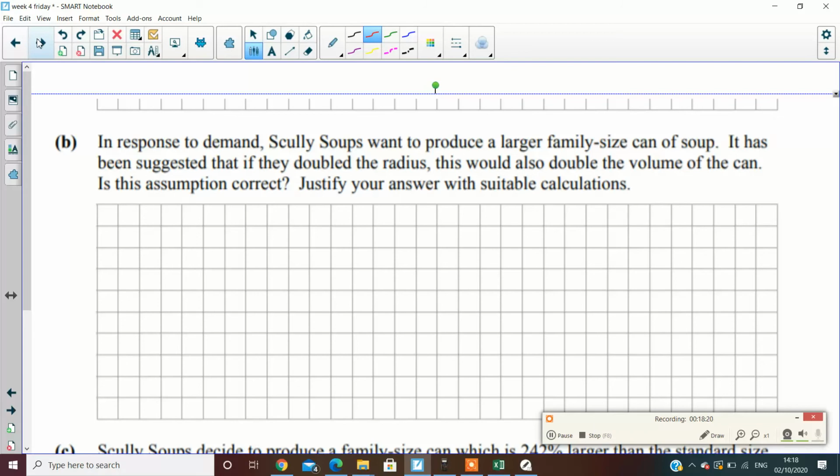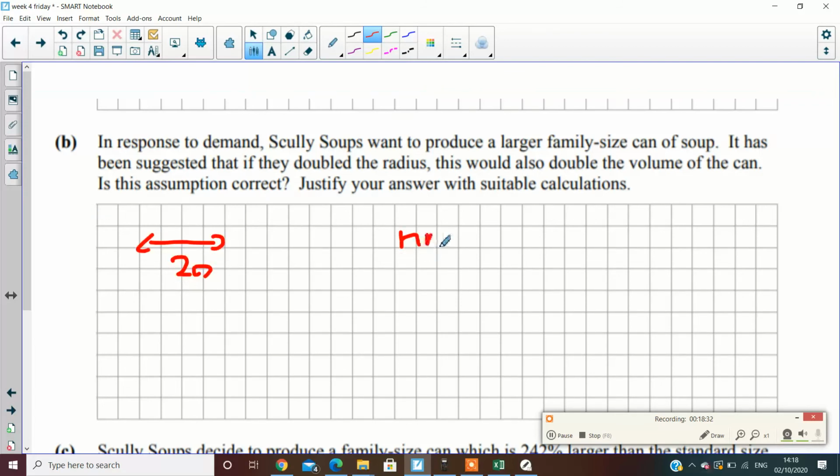In response to demand, Scully Soups wants to produce a larger family-sized can of soup. It has been suggested they double the radius. Now, guys, what happened there is the diameter was 10, which means the radius is 5. The original can was pi r squared h, which is 250 pi.